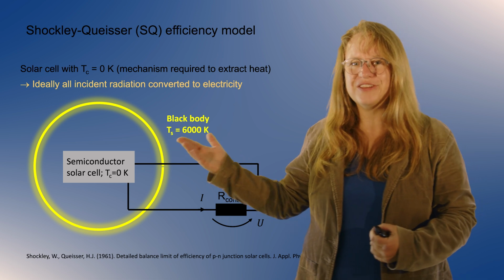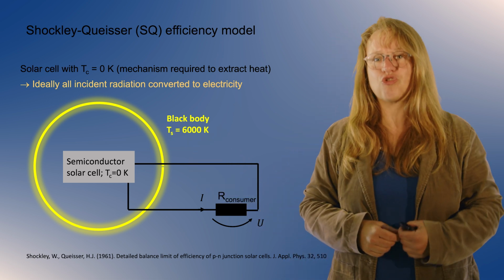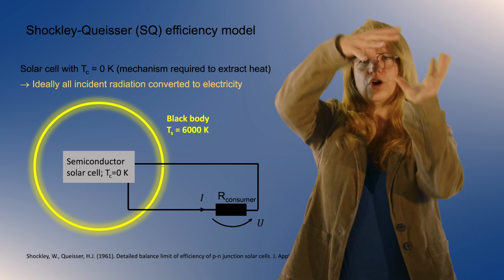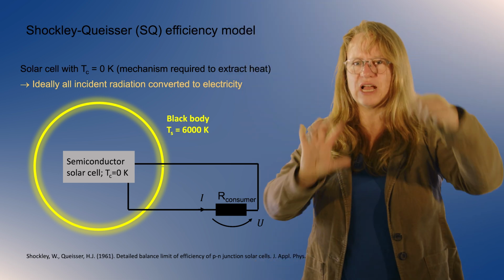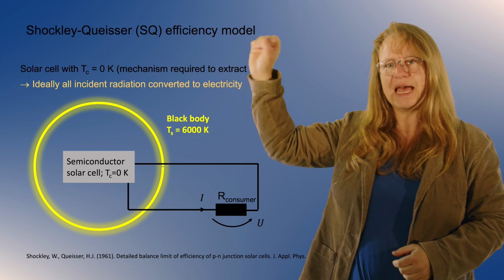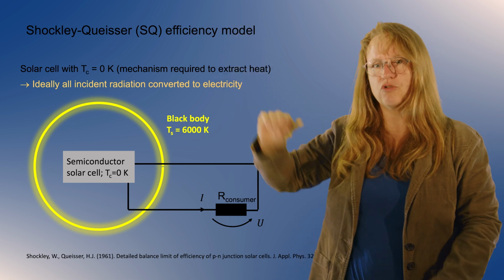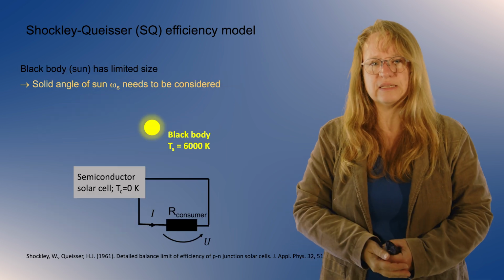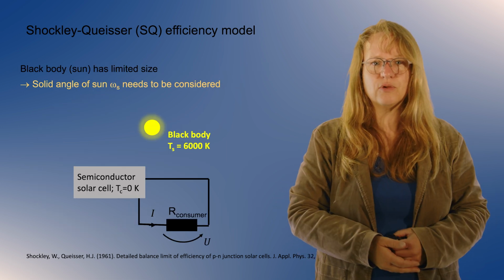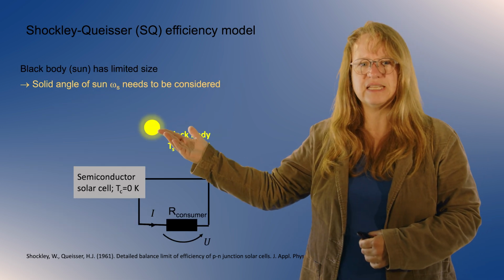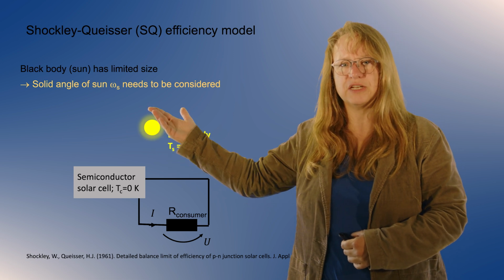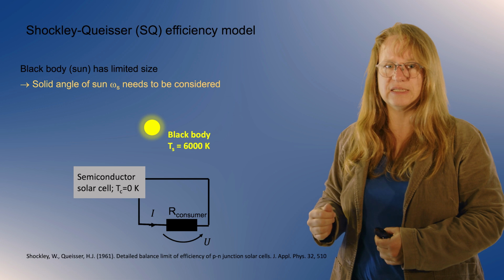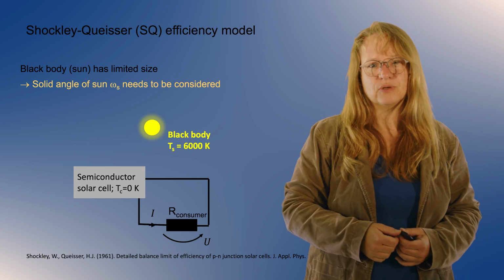Now, if you look at this situation, you already see it doesn't quite resemble our situation on Earth, because indeed we do not have black body radiation coming from all directions, but the sun is only in a certain range of the sky. So in order to calculate this scenario, we have to consider that the sun is not everywhere, but only at a certain range of the sky. We can assume that the sun is a black body with 6,000 Kelvin.